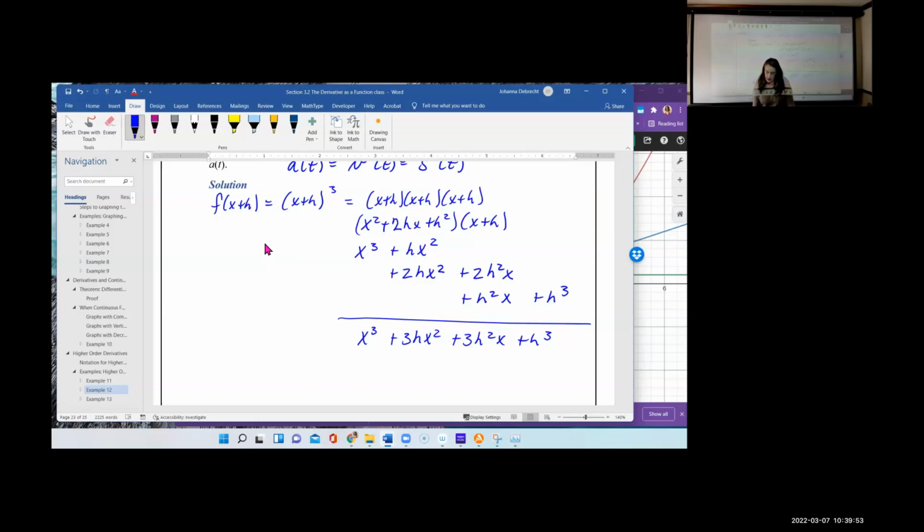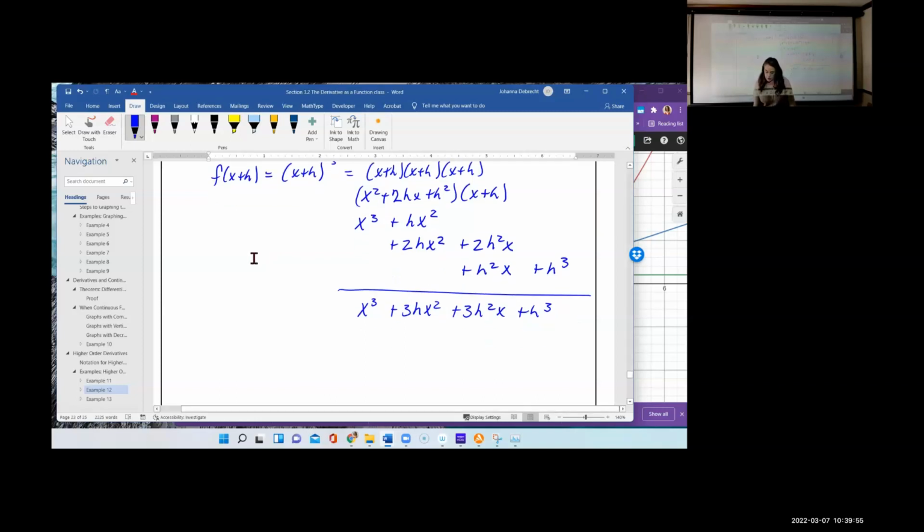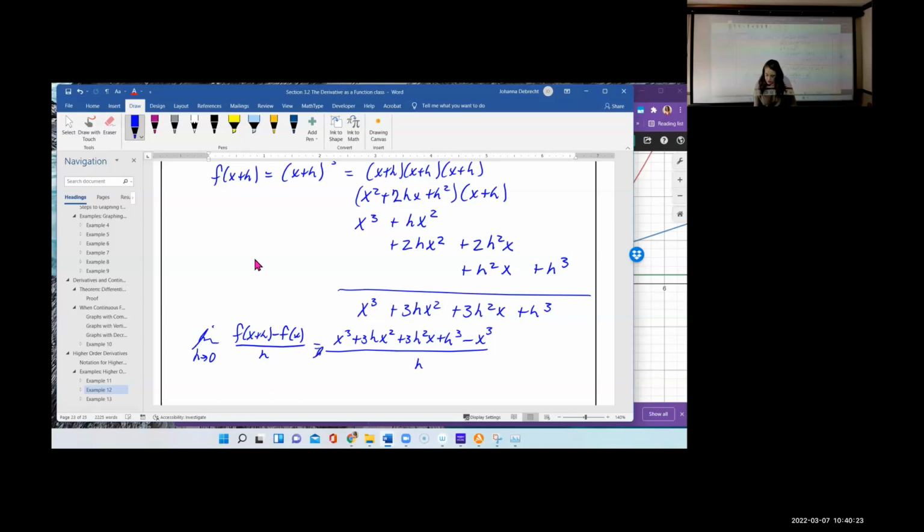All right. And now I'm going to plug that into my difference quotient. So I have the limit as h goes to 0 of f of x plus h minus f of x, all over h, which gives me x cubed plus 3hx squared plus 3h squared x plus h cubed minus x cubed, all over h. And I forgot my limit. All right.